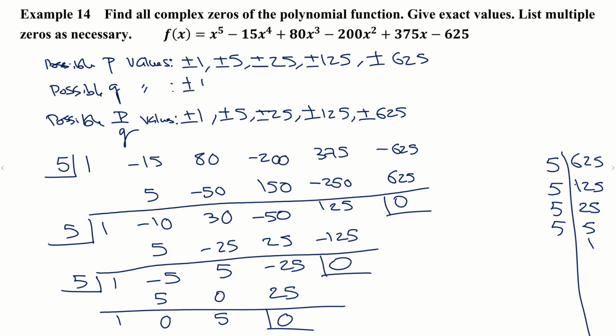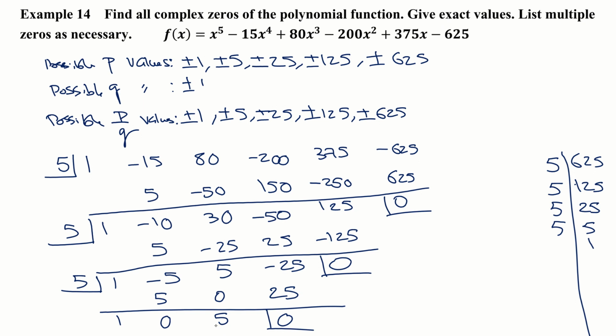Now remember, now I'm at the level where I have just a what? I have just a trinomial, x squared plus 0x minus 5, which is just x squared minus 5. I can abandon the process of the rational roots theorem, the remainder theorem, and move on to what? Just writing it out.